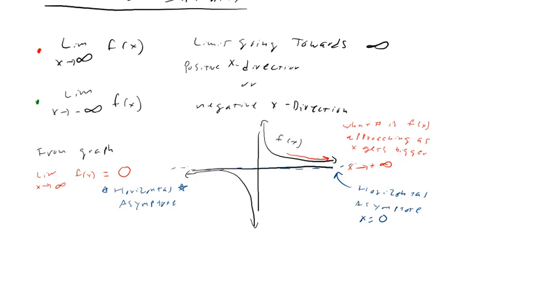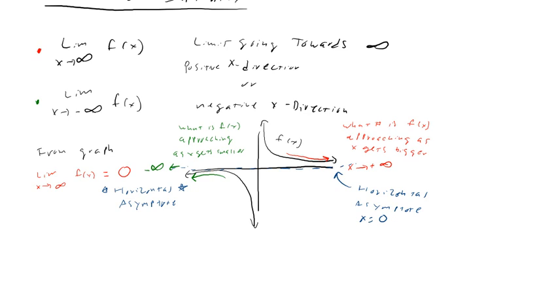Similarly, as we approach negative infinity, we ask, what is f of x approaching? This direction is negative infinity, as x gets smaller, more and more negative, I should say, because it's a very large negative number.